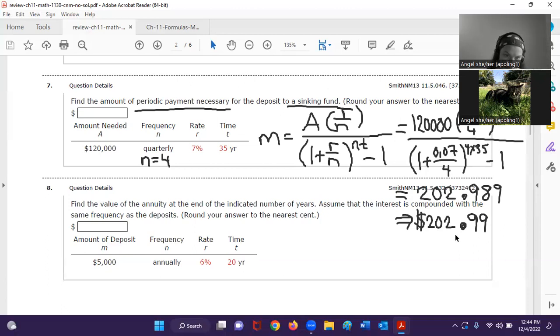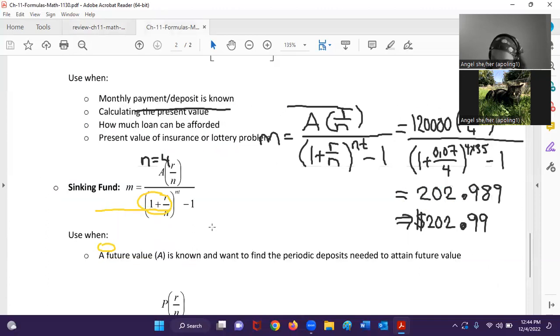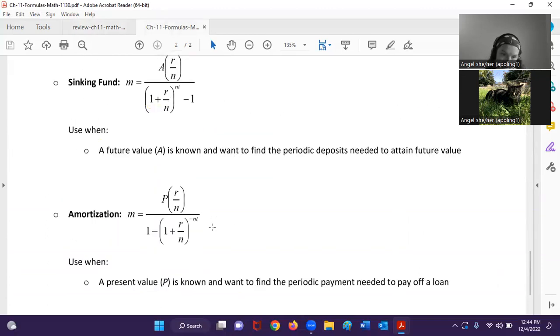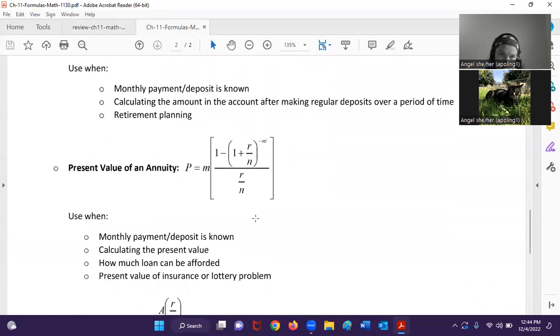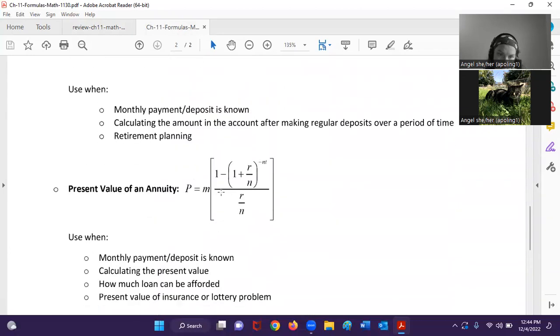Okay. The next one, we're asked to look at the annuity formula. So we'll go look at the chart for annuity. And they're asking us just to find the value of the annuity. We know M, so let's go to our formula sheet, look for annuity. There's annuity.